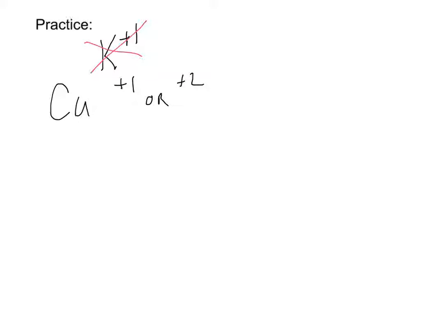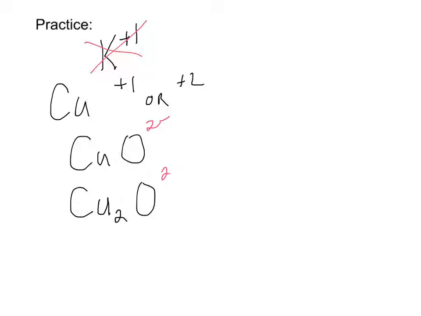So if I see a compound that looks like this, or one that looks like this, I still have copper oxide. But I do not know what the charge of the copper is. Obviously, we know that every oxygen has a 2- charge.